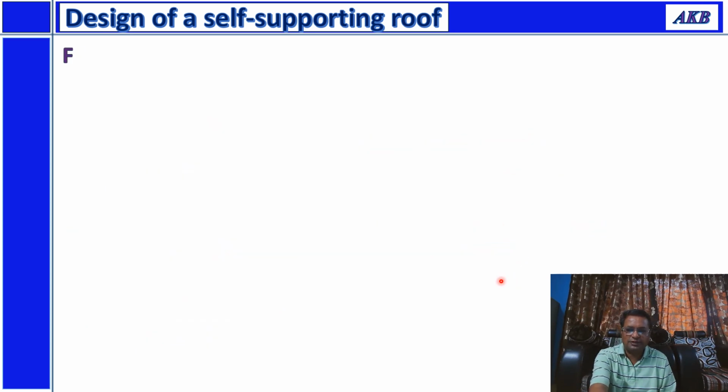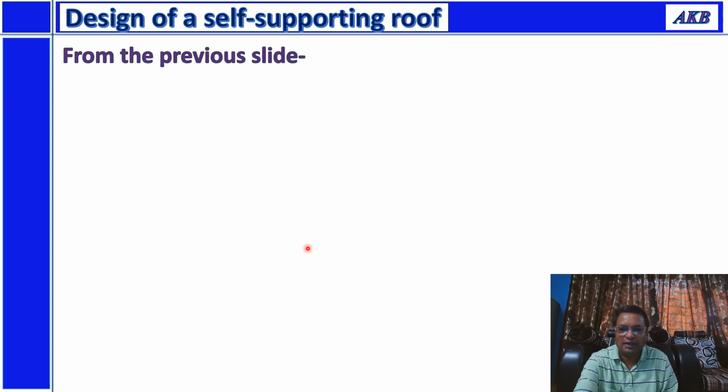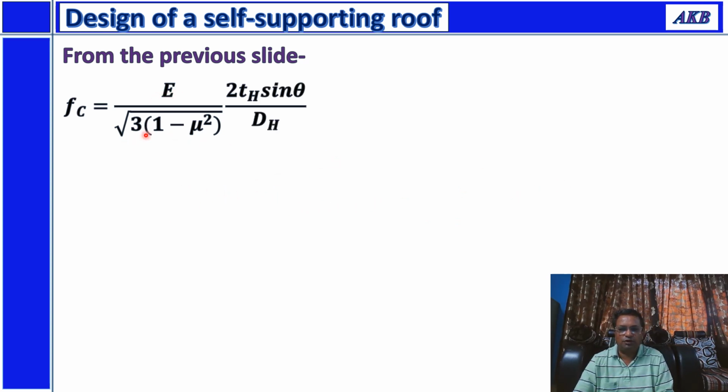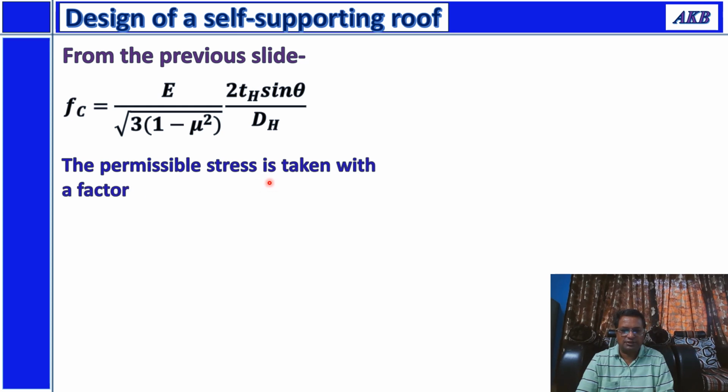Okay, now let us continue with that. From the previous slide, I will take the equation that was obtained. The equation is Fc is equal to E upon under root of 3 into 1 minus mu square into 2 Th sine theta divided by dh. Now the permissible stress is taken with a factor of safety of 12. So the permissible stress we are going to get from the critical stress, and it will be taken by considering a factor of safety of 12.